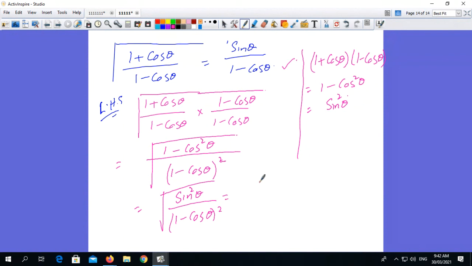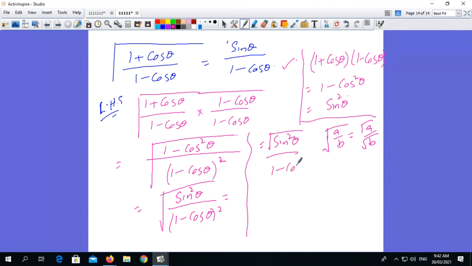Now we can take square root separately using the result which we have studied in second chapter of 9th: square root of a by b is square root a by square root b. So we have square root of sin square theta and square root of 1 minus cos theta whole square. The square cancels with square root, and we are left with sin theta by 1 minus cos of theta.